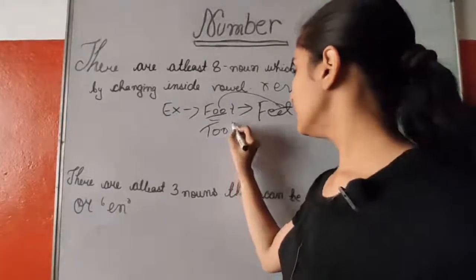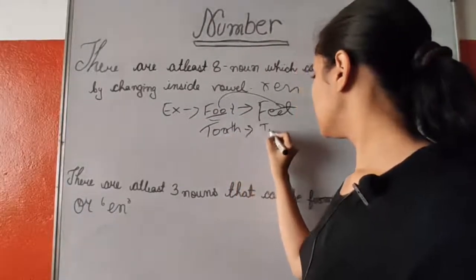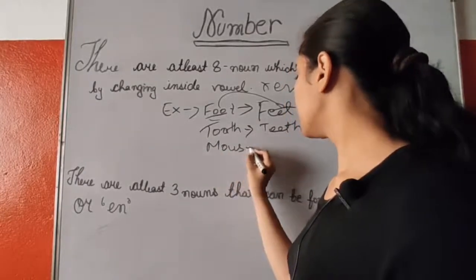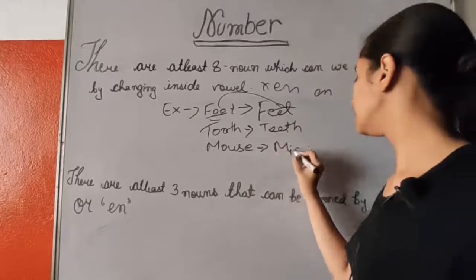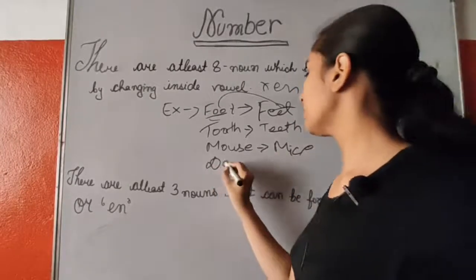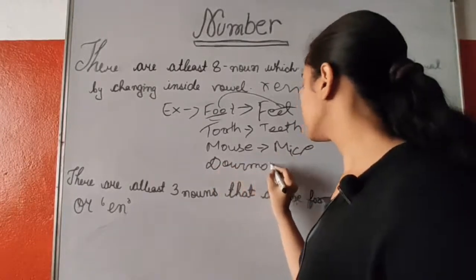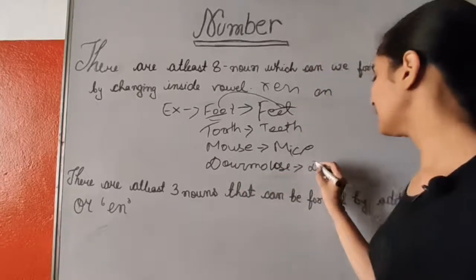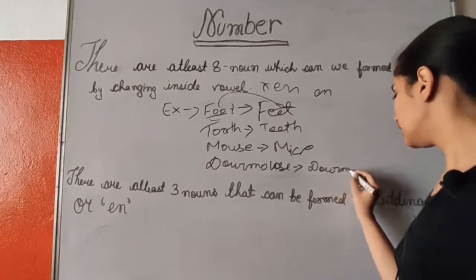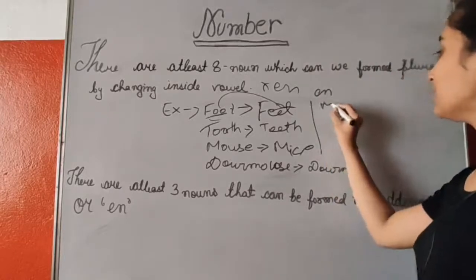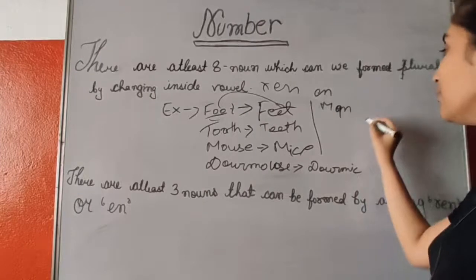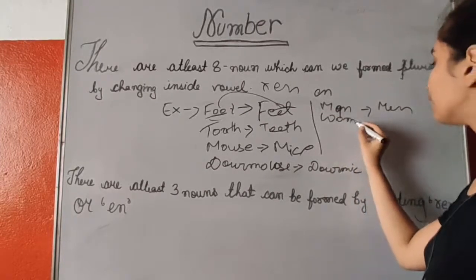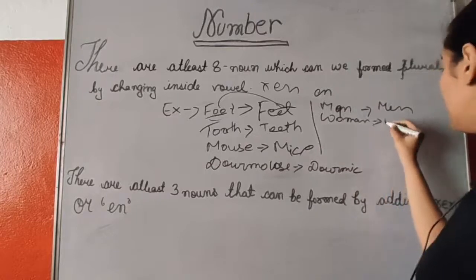Same like that, tooth will become teeth in plural. Mouse will become mice. Dormouse will become dormice. Man will become men, and woman will become women.